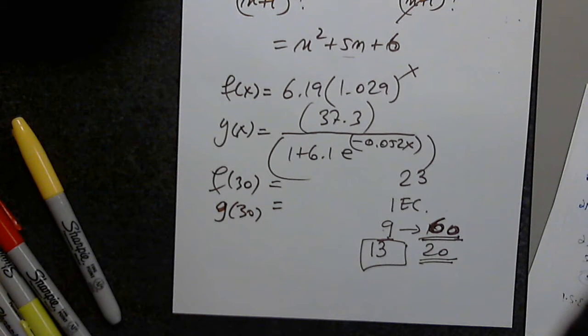And this is the closest to 17. But let's do the other one. It's 6.19, and in parentheses, 1.029, caret 30. Although this is just one number, please get used to putting parentheses for powers.